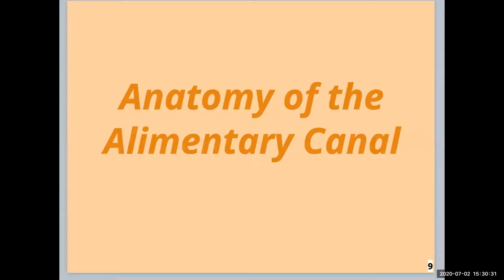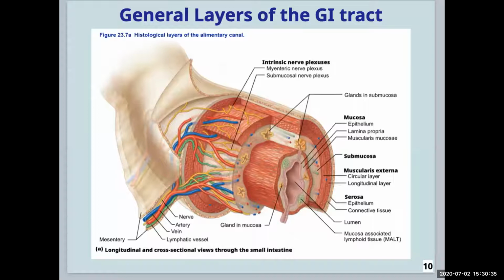Now let's take a look at the anatomy of your alimentary canal or digestive tract. There are generally 4 layers that you find throughout your entire gastrointestinal tract. There are some parts that have additional layers, but in general, all of the digestive tract is going to have these 4 layers.